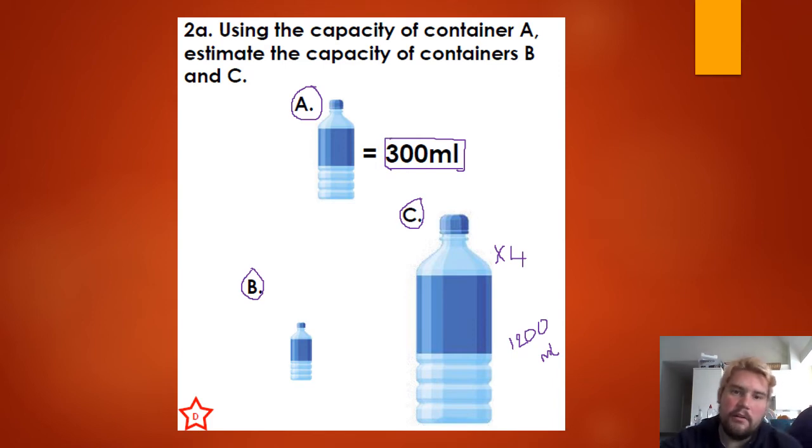A little bit harder I find going from medium to smaller. So I would think here potentially 3 times smaller. So if we're doing 3 times smaller, we'd need to divide by 3 to get the capacity. I think, yeah, about 3 of those would fit into there. Just a rough estimate. So 300 divided by 3. 3 divided by 3 is 1.